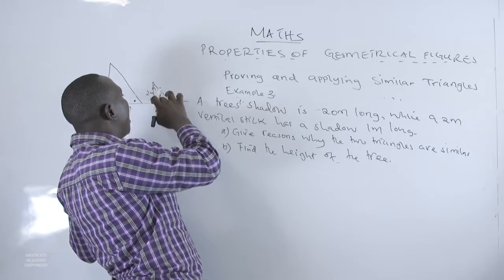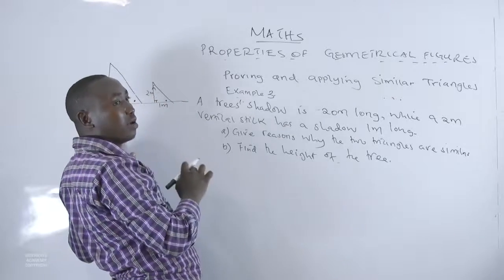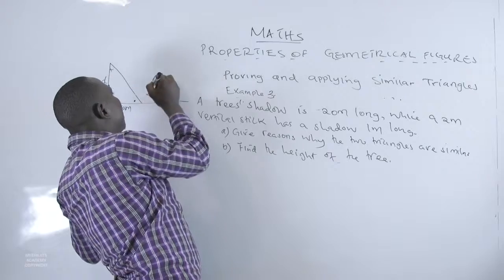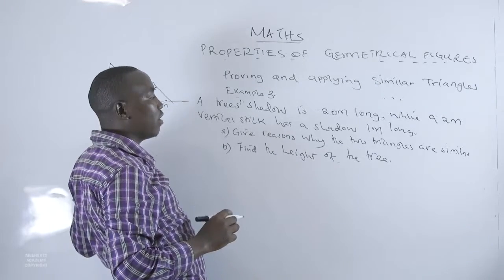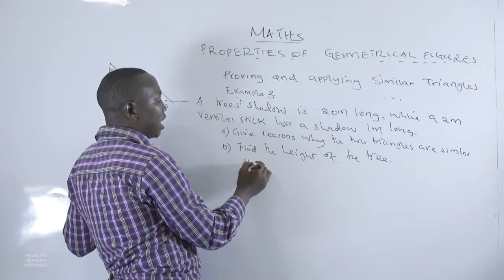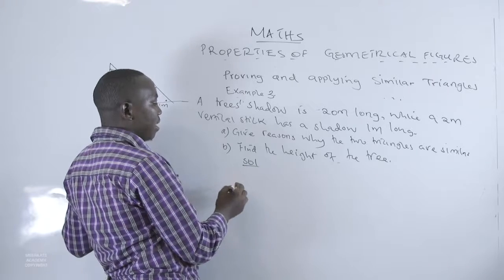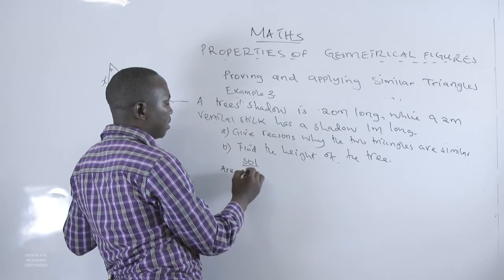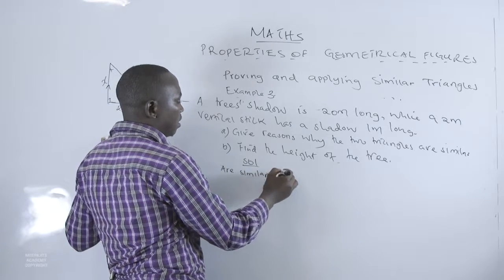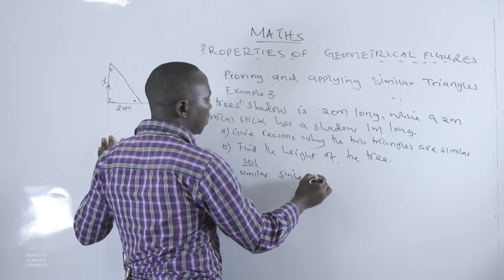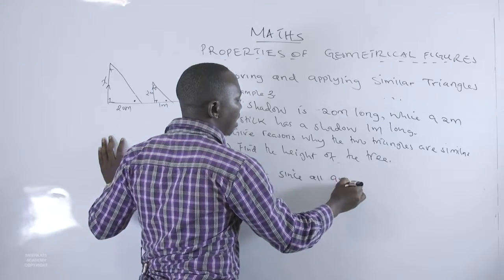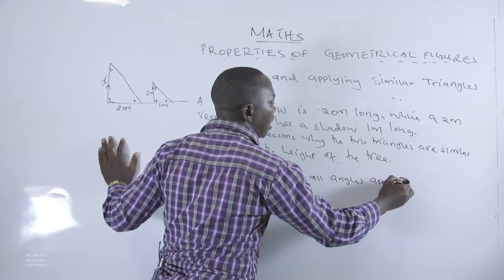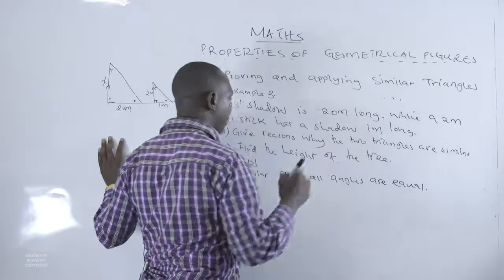And if this angle and this angle and this angle and this angle are equal, then that means that the third pair of the angles are going to be equal. So in that particular case, we shall be able to say that the two triangles are similar since all angles are equal.